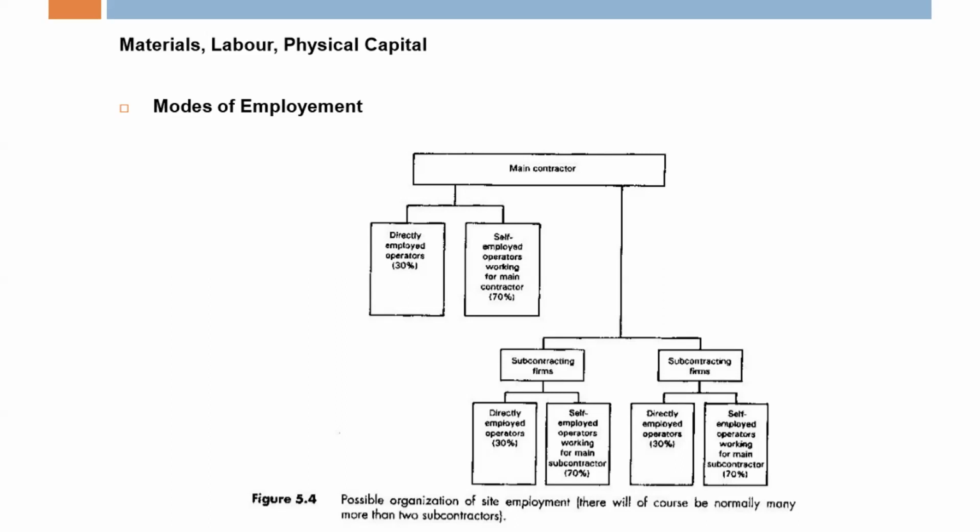In economic theory, the physical capital is one of the main three factors of production, which we consider as material, labor, and the physical capital.